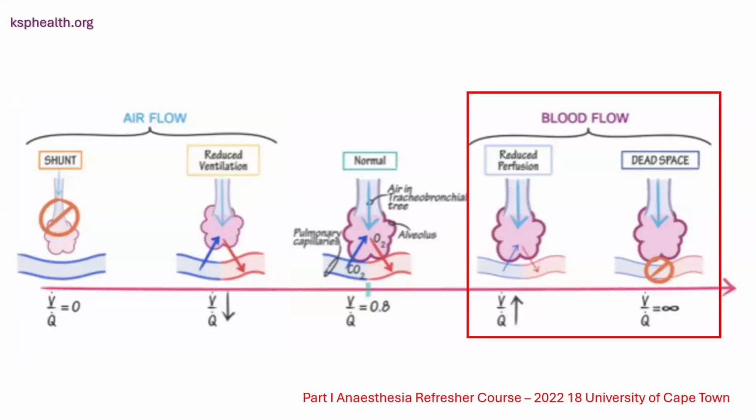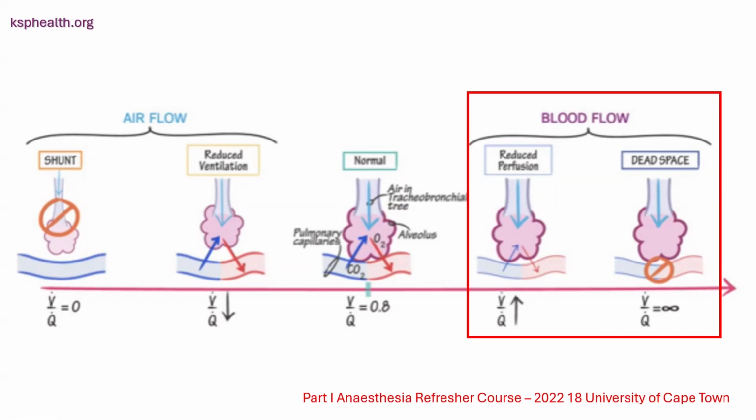The same thing can happen in the blood flow area too. When there is reduced perfusion, meaning when there is pulmonary vasoconstriction for any cause, ventilation is good, but the perfusion is not that good. As a result, the oxygenation doesn't happen.